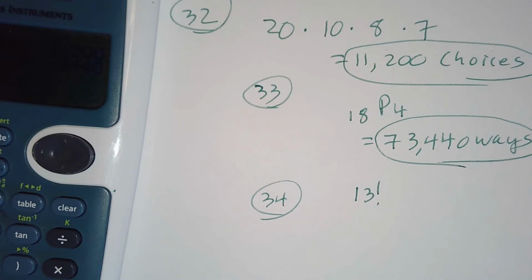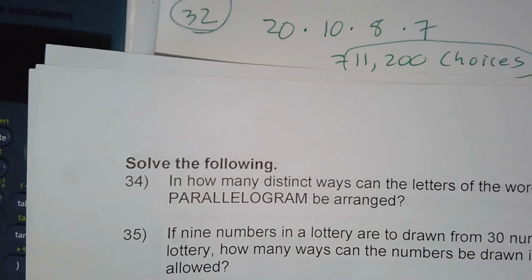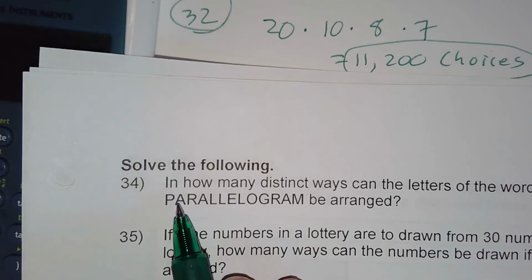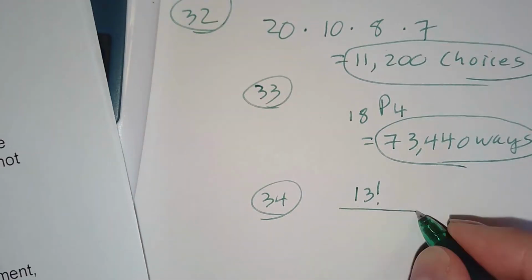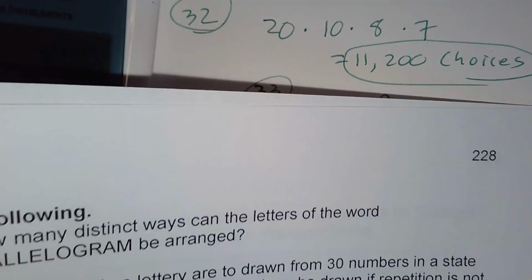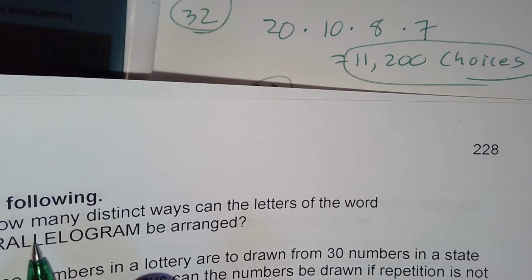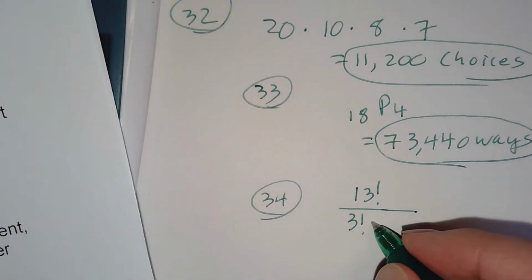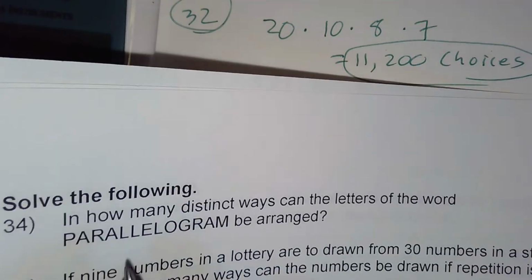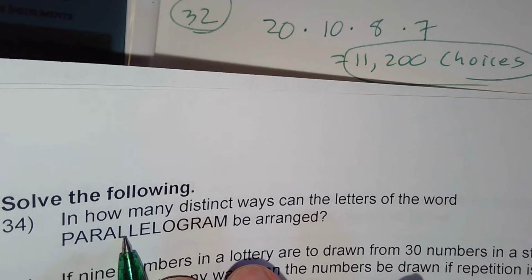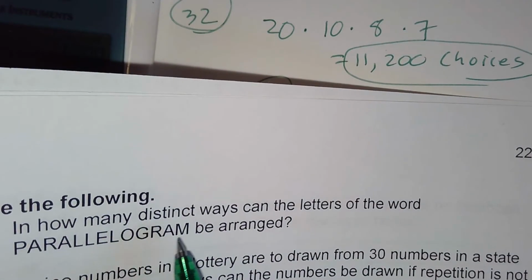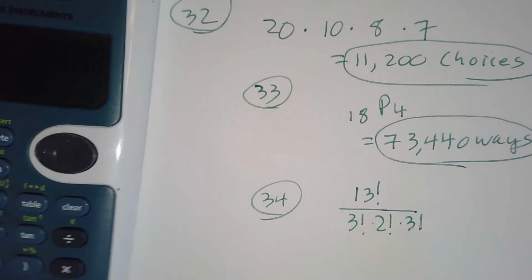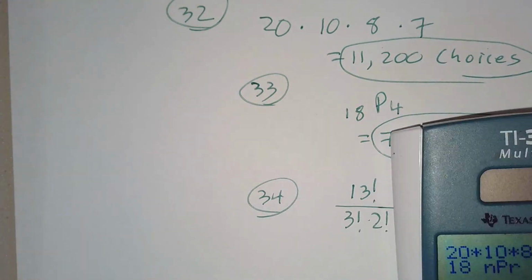If we look at the word parallelogram, we have 1 P. There's 1, 2, 3 A's. It's 1, 2 R's. And so we have 1, 2, 3 L's. And it looks like everything else is just once.